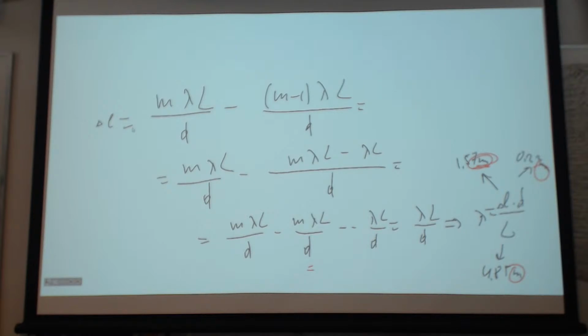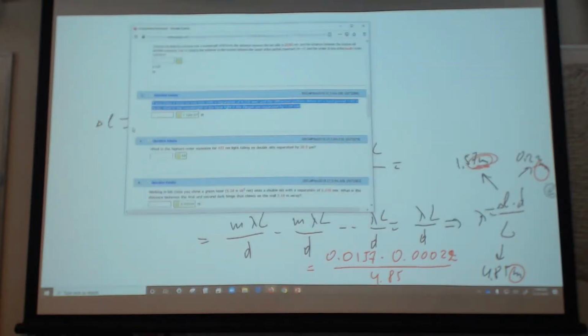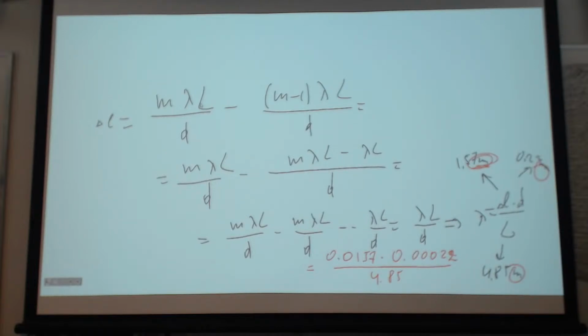That would have been 1.5 times 0.22 over 4.85. Yeah, it has red numbers, so different people have different numbers, but this is how it's supposed to be done.